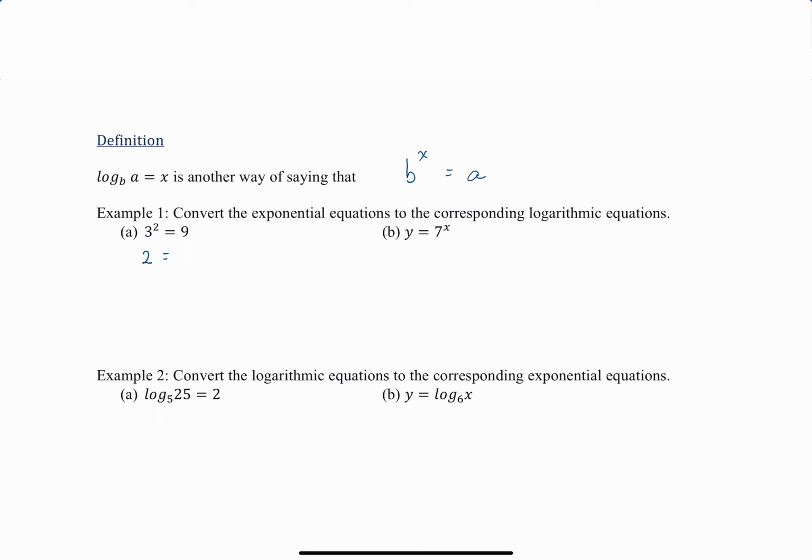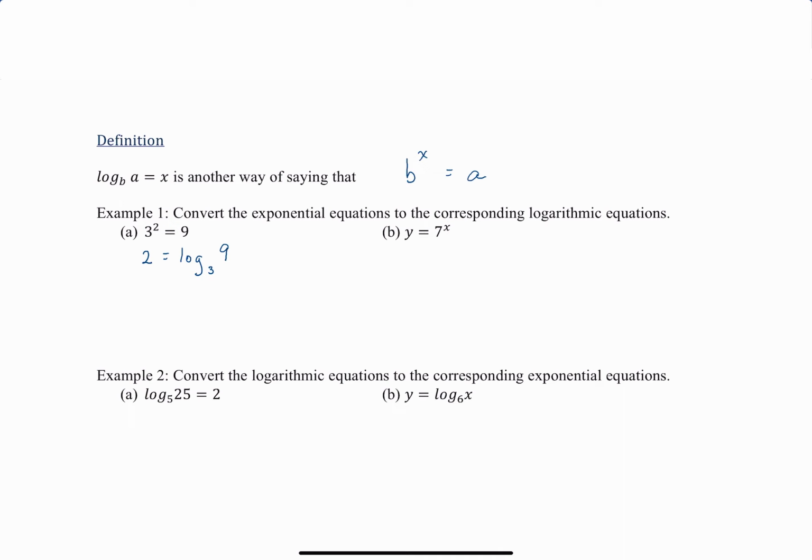Well, it's the exponent, in other words, the log, that you'd put on base 3 to get 9. And some of you in algebra may have learned this kind of curly thing. 3 squared equals 9 is what 2 equals log base 3 of 9 is.